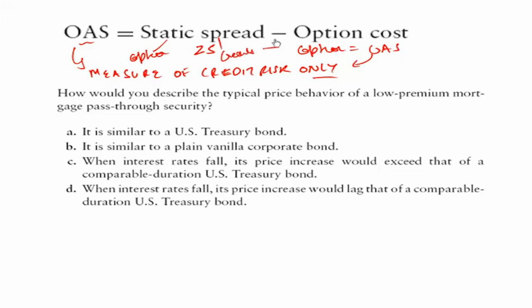Once I reduce the option, what is only left is the credit risk. So remember, option adjusted spread is a measure of the credit risk of a mortgage-backed security because the option value has been taken away. So if you're comparing two bonds only on credit risk, then it is better to compare the option adjusted spread because that will be a measure of the credit risk only.